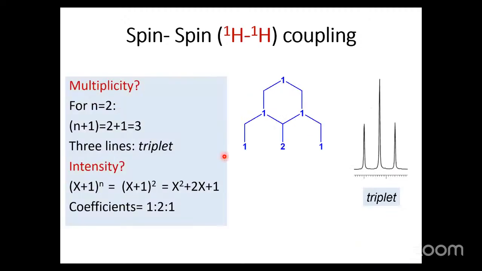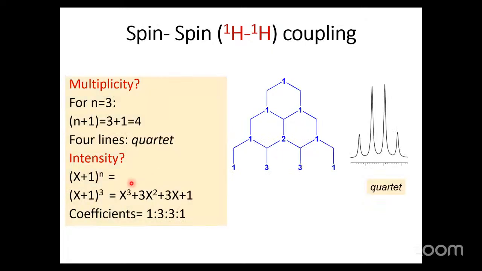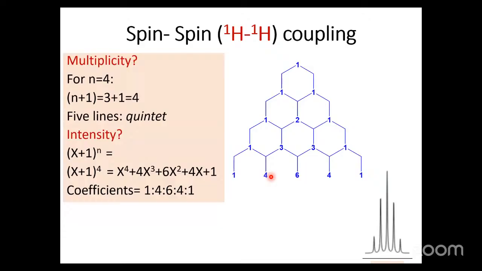When n is equal to 2, you will get the intensity 1:2:1. For a carbon with n equal to 3 coupling nuclei, you will get 4 lines in the intensity 1:3:3:1, and so on.